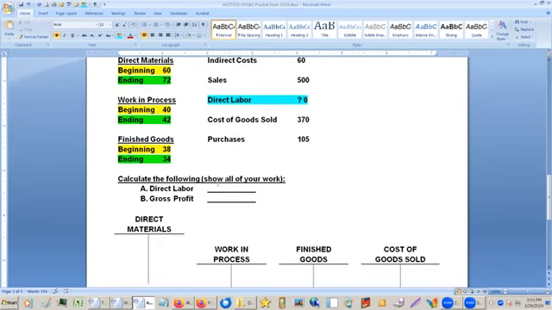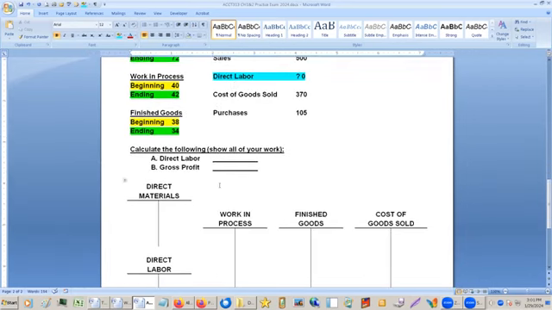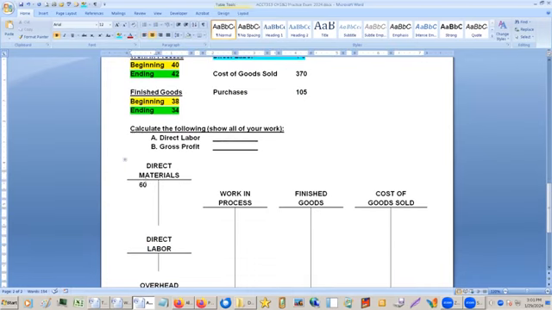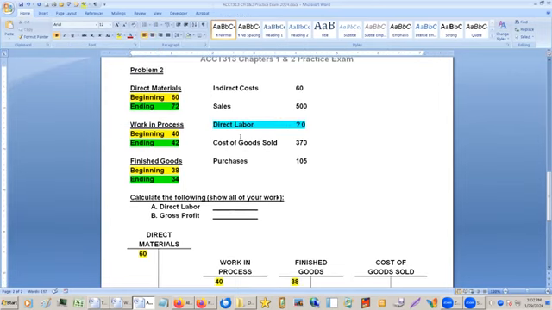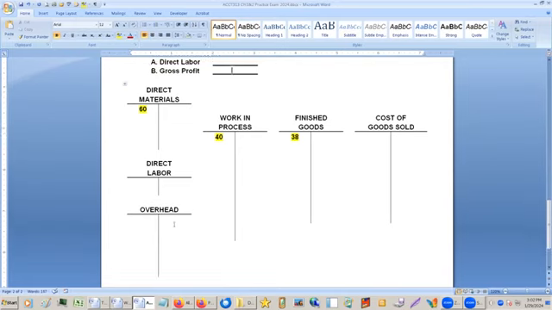All right, so I'm gonna just put everything in the way we normally have. 60, 40, 30. Direct costs are 60.